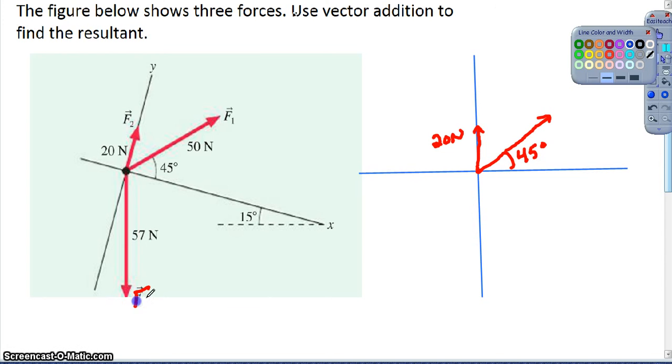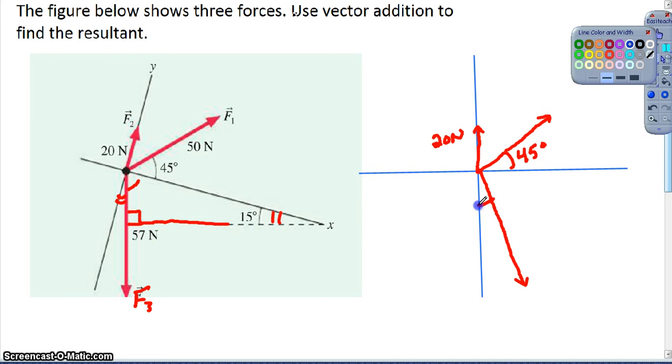I know I cut that picture off a little bit there, but force 3 is coming down at an angle. Now keep in mind, that is not going straight down my y-axis because I've rotated my picture. Doing a little basic geometry in here though, right, if I make a right triangle here, I know that this would be 75 degrees because it'd have to be the complement of that 15, which would take this angle back here right back to being congruent with this angle.